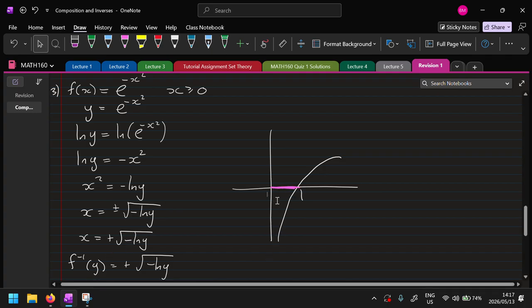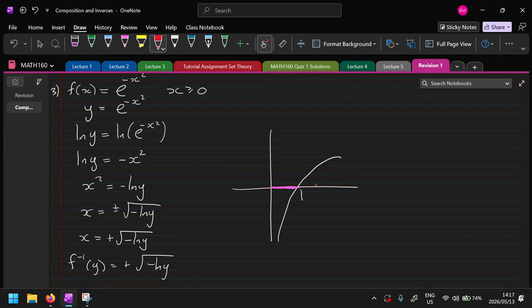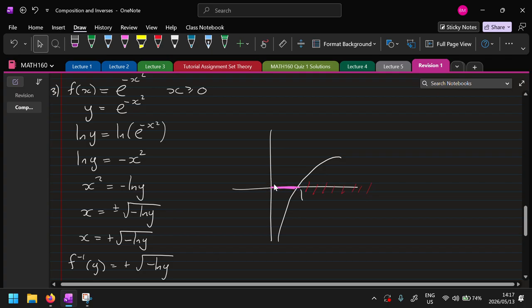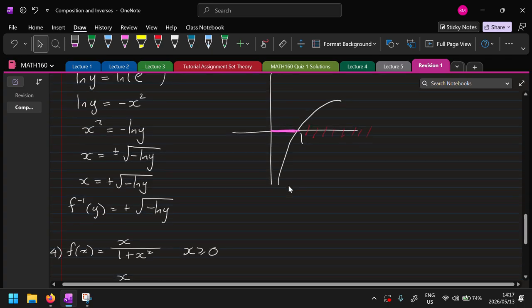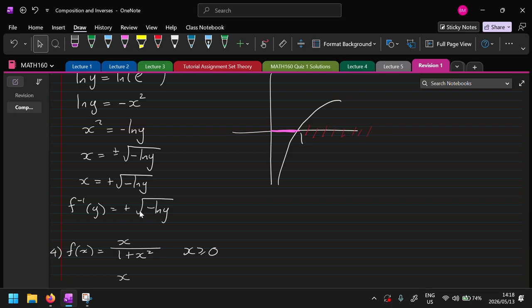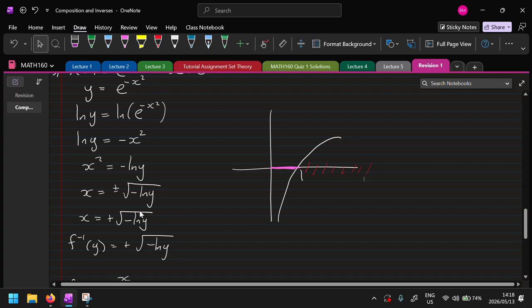So you put the minus in front. This will make it positive. This part over here, it would be negative. This is not part of the domain. Yeah. So that would be like a follow-up question. Find the domain. Yeah. So you would say the domain is from 0 to 1. But for these problems here, if I just say find the inverse without mentioning finding the domain or range, you don't need to do that. All right. Any other questions?